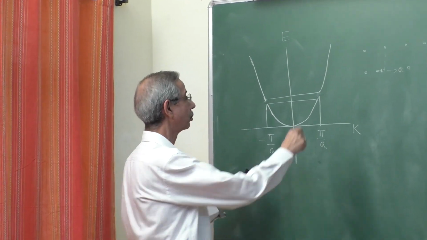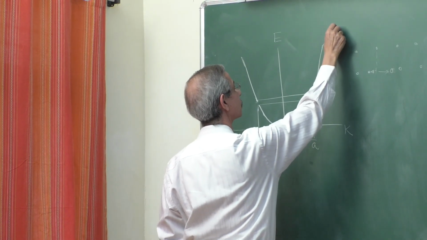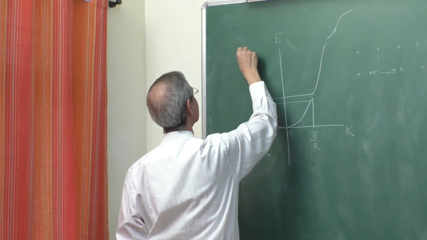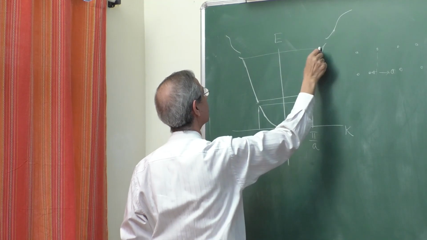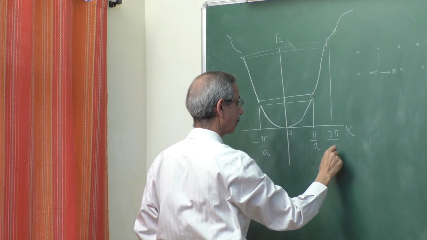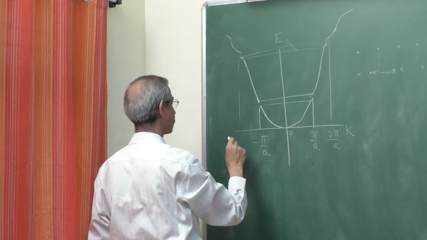here. What if you write these Brillouin zones? Okay, this is, let's say, 2 pi by a, minus 2 pi by a and so on.